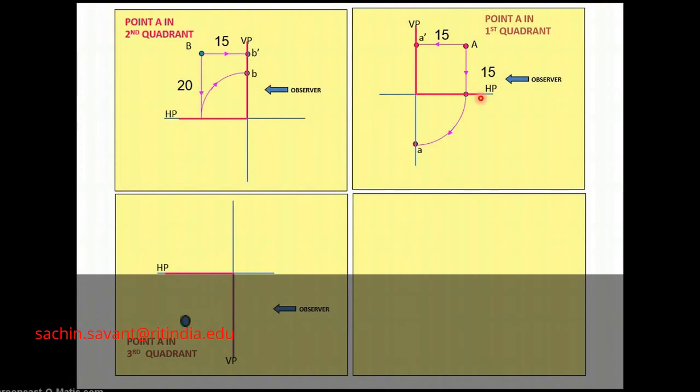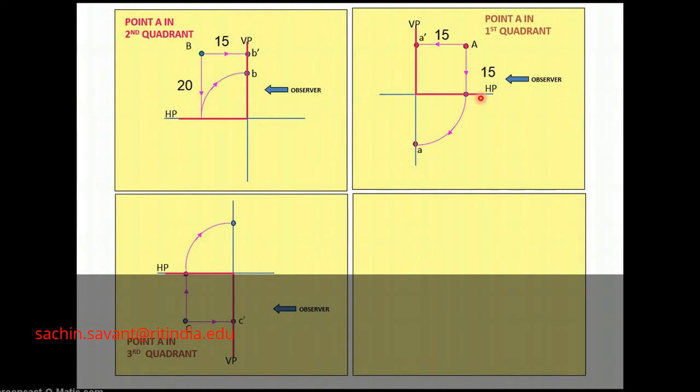Then the third point C lies in the third quadrant. Here also assume that the vertical plane is transparent, and the blue arrow direction is the observation direction. So this is the projection of point C dash from the arrow direction, C dash, and this is the point C, projection in the top view.